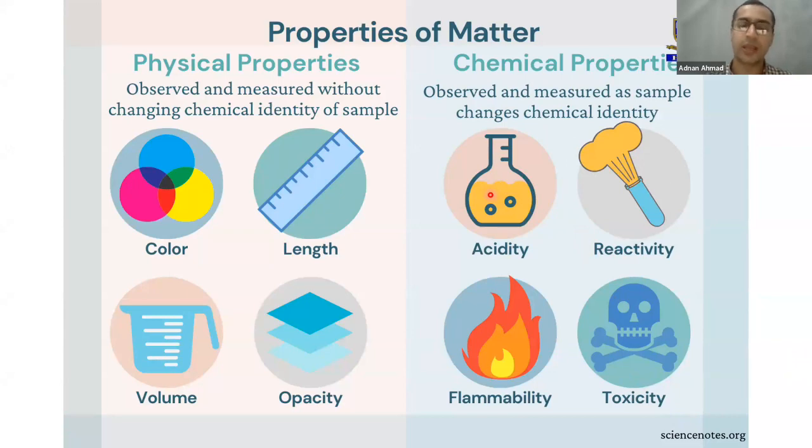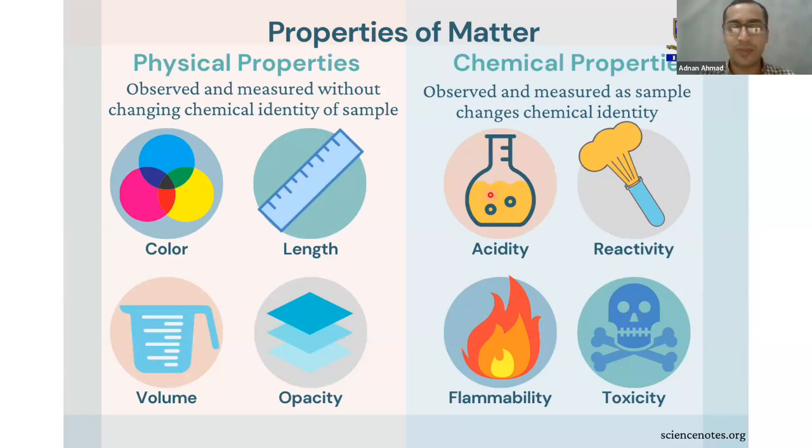Okay, let me explain. Acidity is when something tastes sour, for example lemon or oranges. They have a sour taste. And why do they have a sour taste? They are acidic. And why are they acidic? They are acidic because they have a higher concentration of hydrogen ions in them.